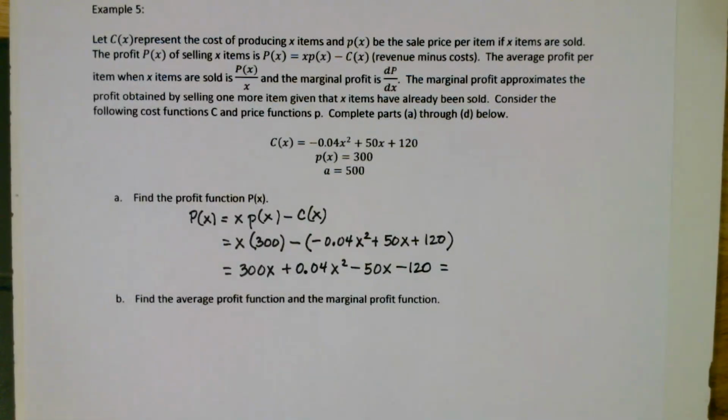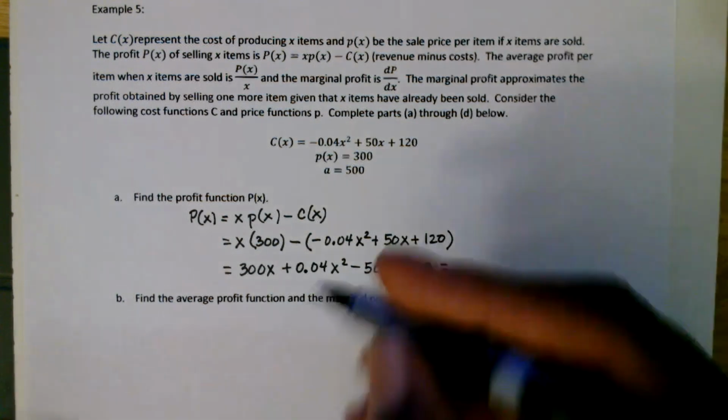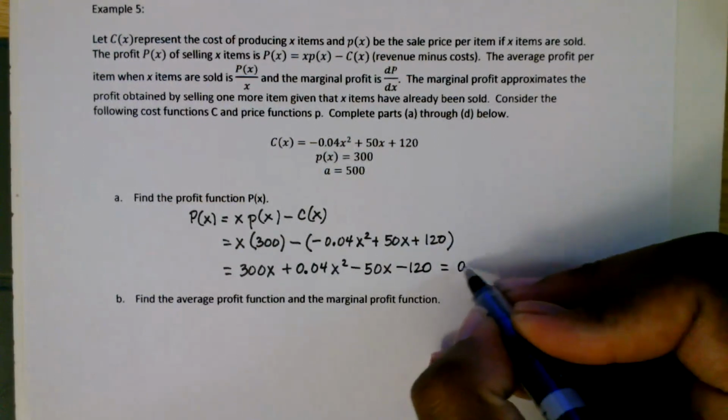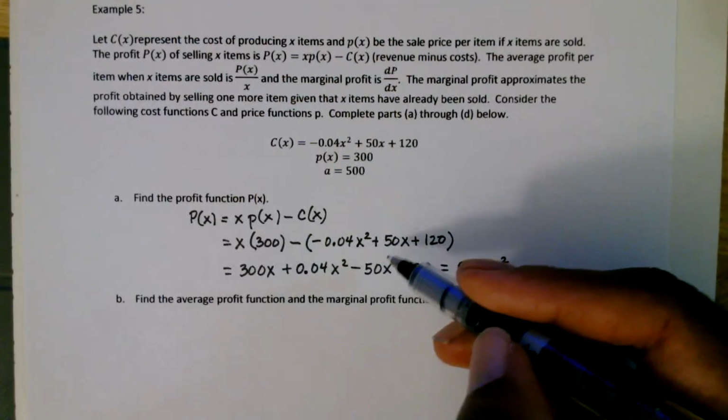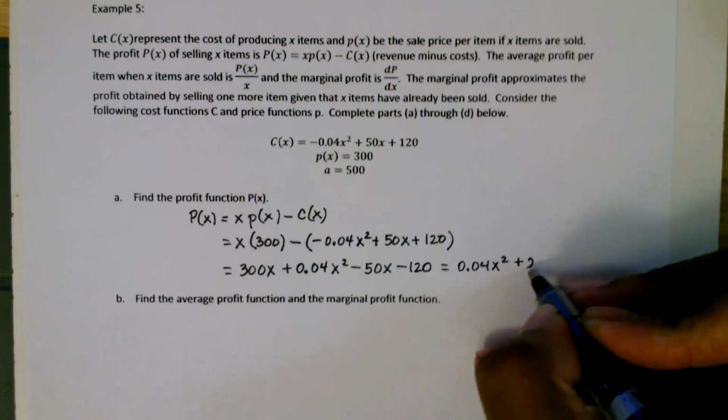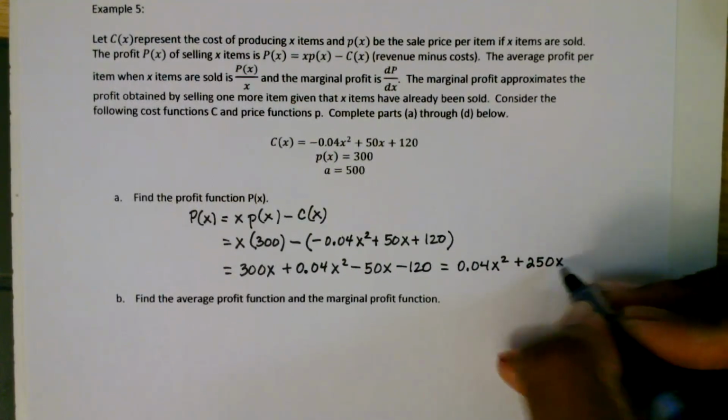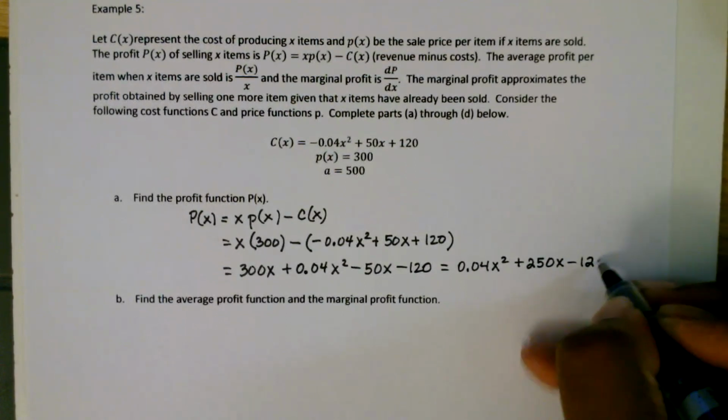Now, if we simplify this by combining like terms here, I'm going to pull the 0.04x squared out in front. 300x minus 50x will be plus 250x. And then bring over the minus 120.